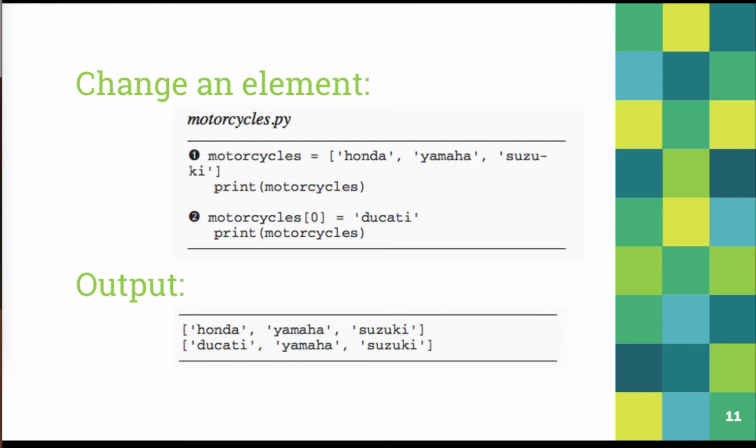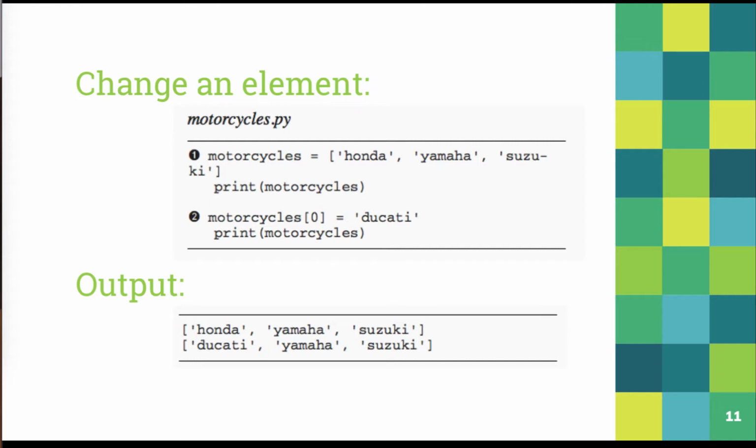In this example, let's say we have a list of motorcycles. Let's say we want to change the value of the first item. We want to replace Honda with Ducati.